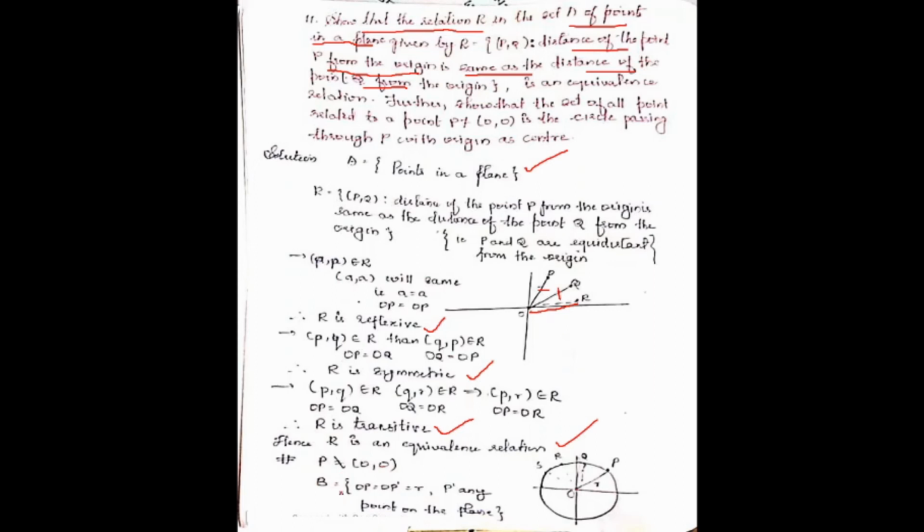So the set we have is OP equal to OP dash. This OP dash can be any point on the circle. Got it? Clear? So R means nothing but the radius. Fine. We'll go for the 12th one.